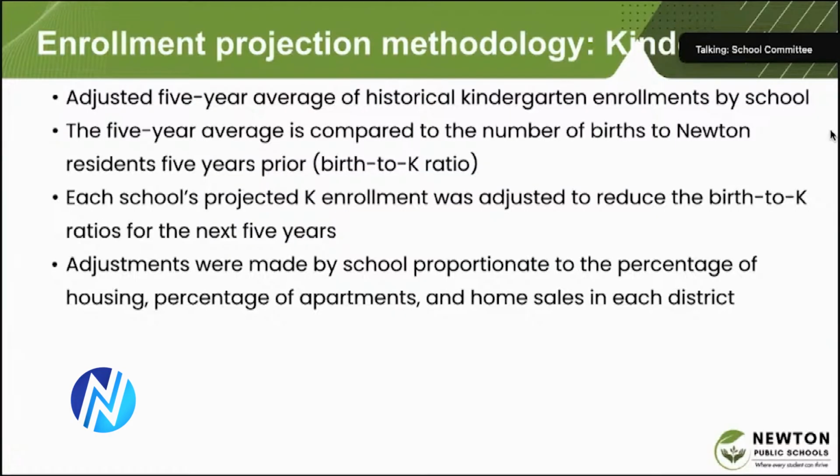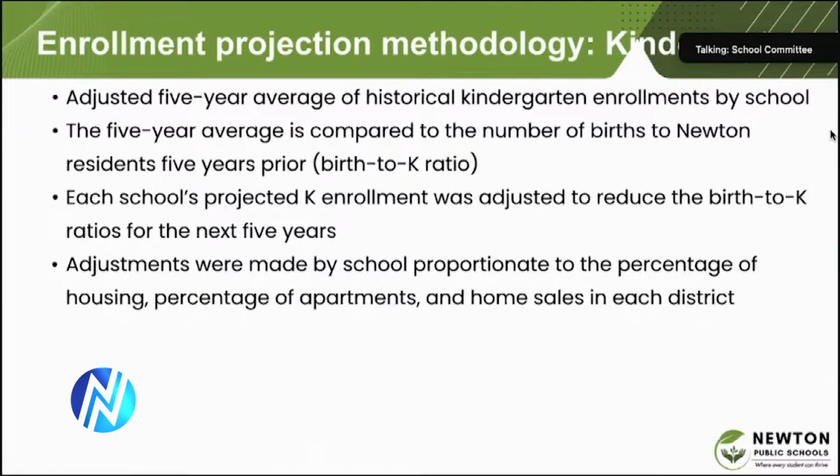But this ratio essentially gives us a sense of how many kindergartners we are enrolling compared to the number of children who were born 5 years prior. That ratio is typically over 1, meaning that we've got more students enrolling in kindergarten than were born to Newton residents 5 years prior, which makes sense as people are moving into the city.